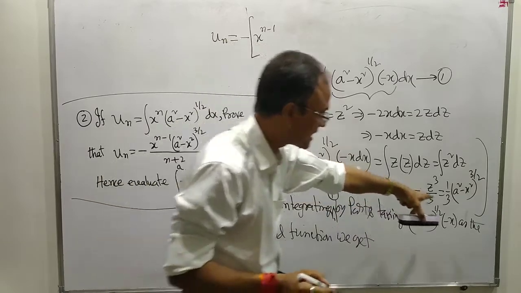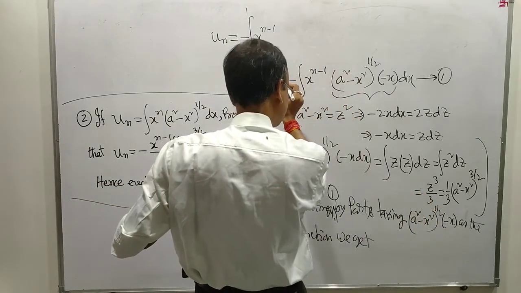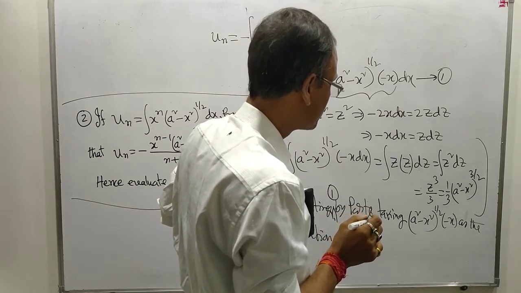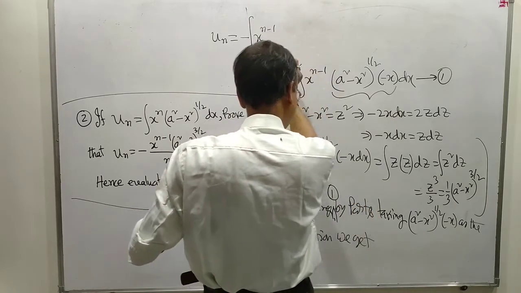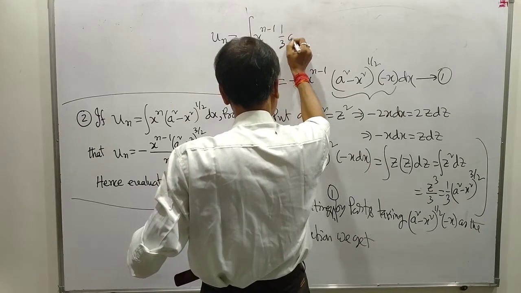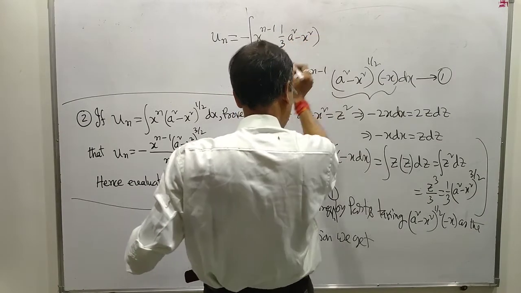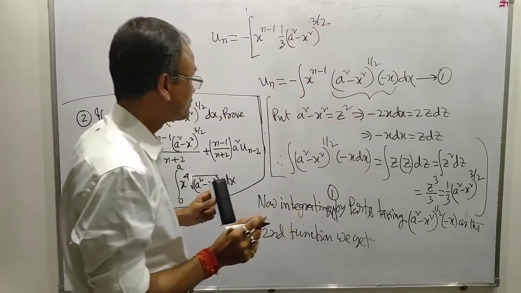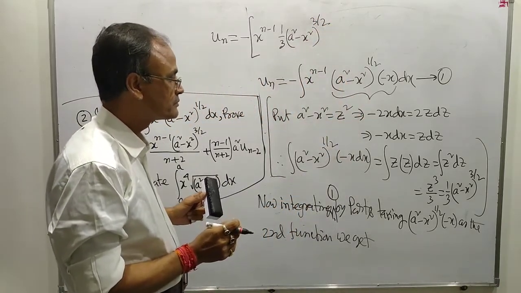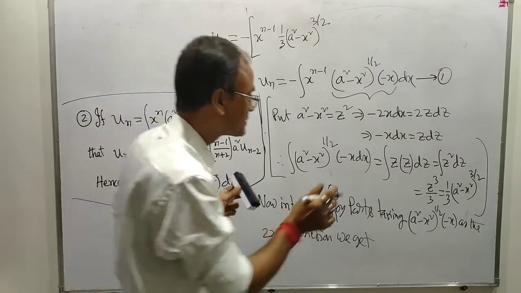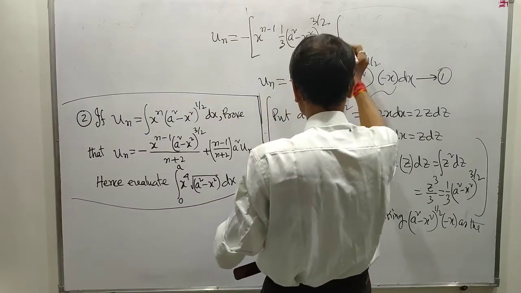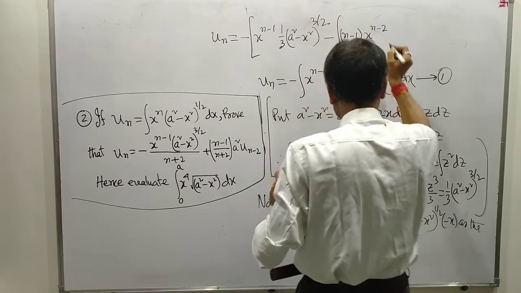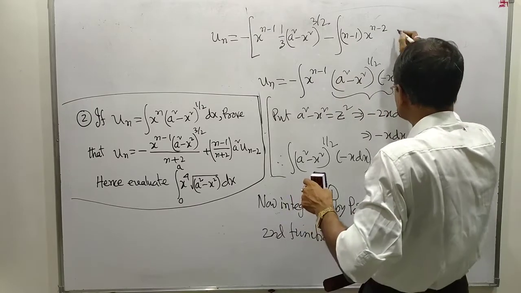The integration of the second function, 1 by 3, a square minus x square whole to the power 3 by 2. Minus integration, the differentiation of the first function into the integration of the second function.